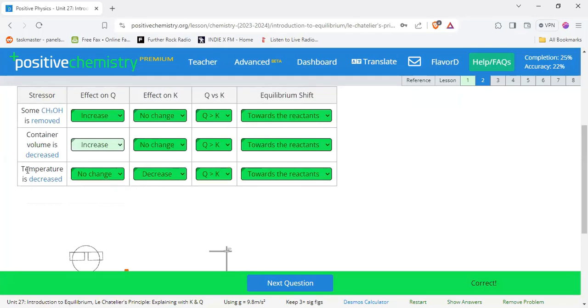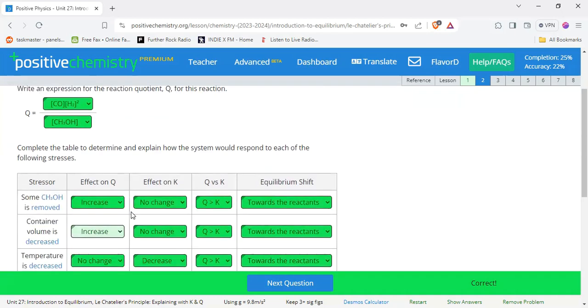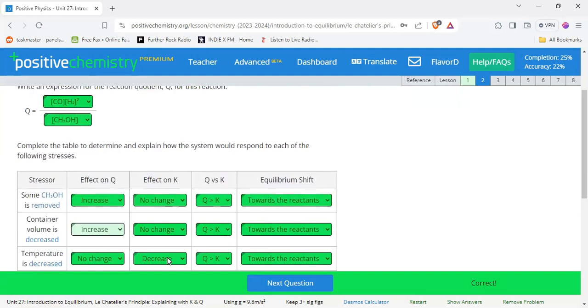So for the third line, the temperature is decreased. We said the heat is over here, which makes everything kind of get sucked over to that side. This number is going up. These numbers are going down. These are going down. That's going up. The answer is getting smaller, but we were really talking about K because changing the temperature doesn't change the molarities.